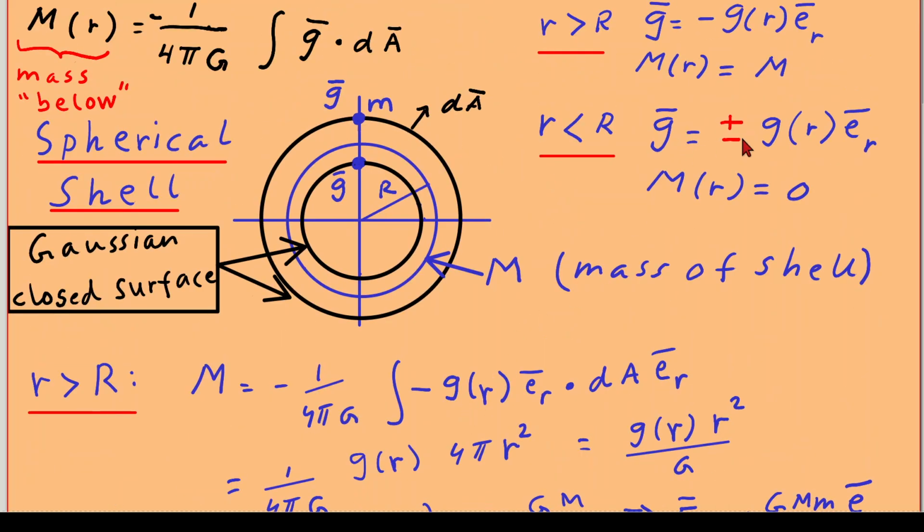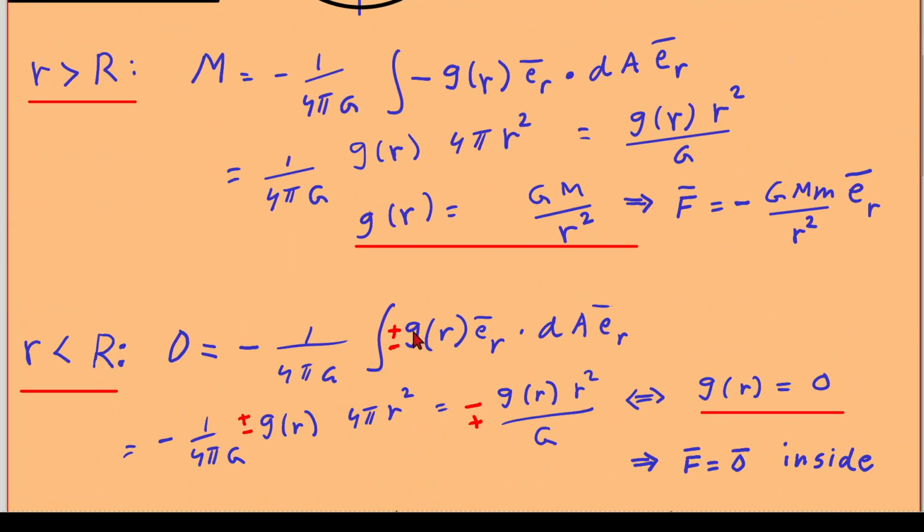I don't really know if it's a plus or minus, but I know it's some type of function, g_r, and it will be in the e_r direction along the basis vector here. But plus or minus, I have no idea. So let's just keep the plus minus here then, and then again, the dot product with the area element.